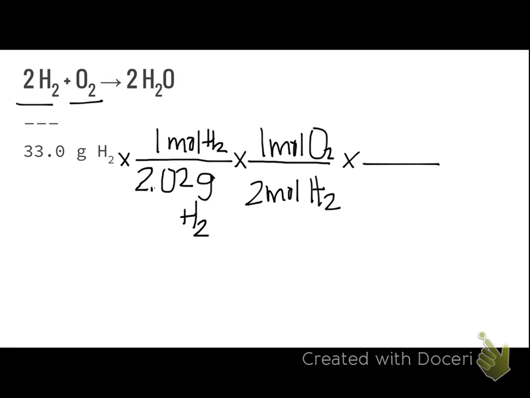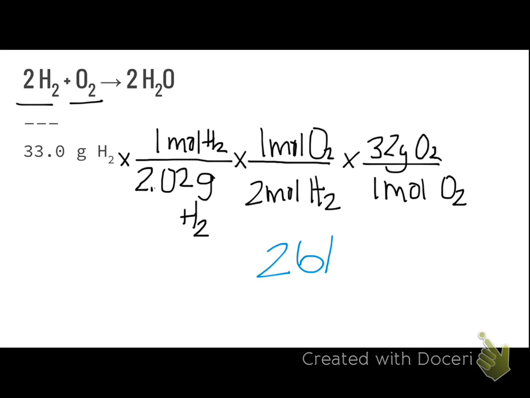And then moles of oxygen to grams of oxygen. Now if we do this math, we get 261.39 grams of O2, and that's what we need.